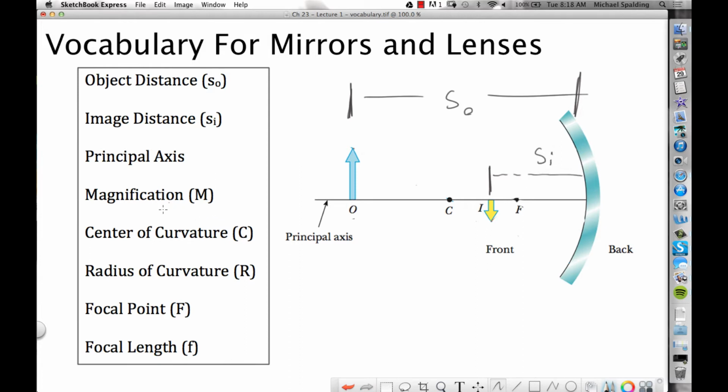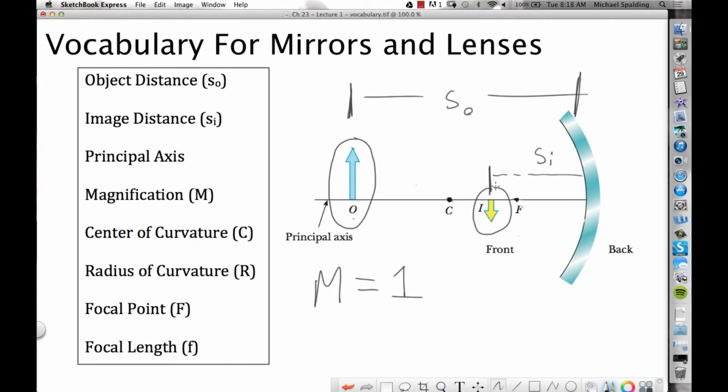Okay, magnification. Magnification, there's an equation for it. You're going to be calculating magnification, but magnification tells us how big the image will be. So for example, if your magnification is equal to 1, what that's telling you is the object and the image are the same size, which is not the case on this diagram. Here's the object, here's the image.